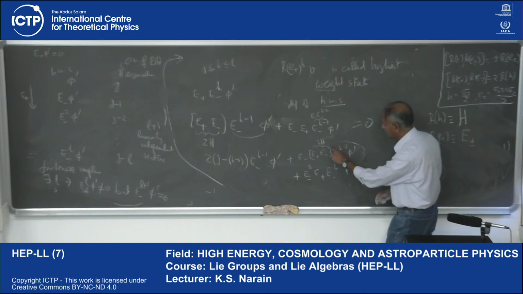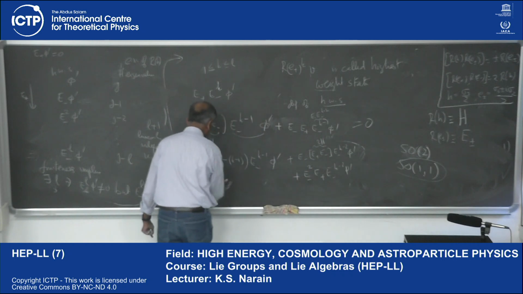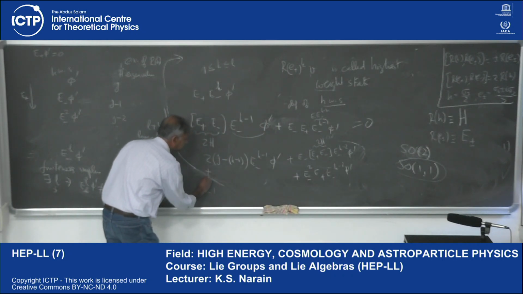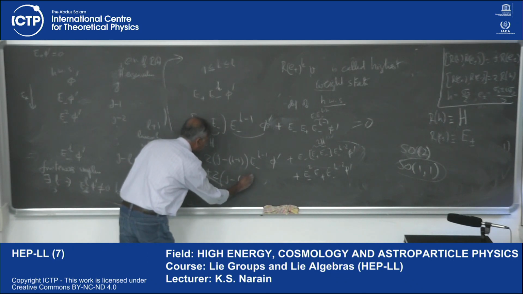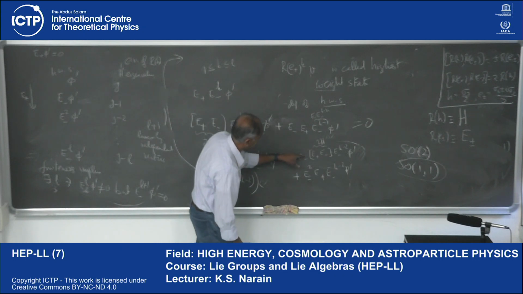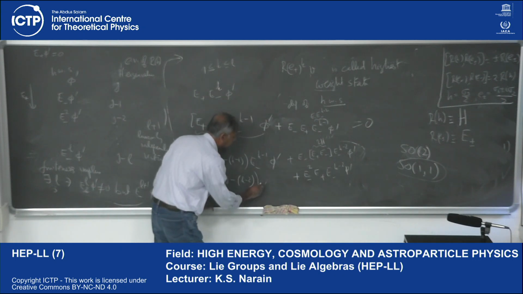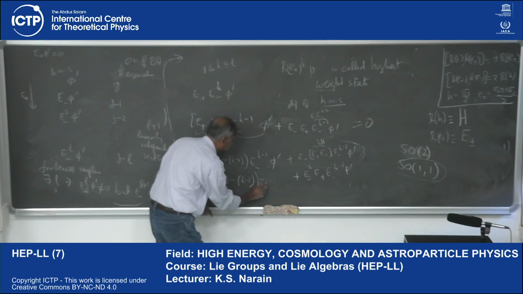So what is the eigenvalue? It is J minus K minus 2. So this term will give me plus 2 J minus K minus 2. And then there is a number, I take it out, so it's again E minus to the K minus 1 phi prime.